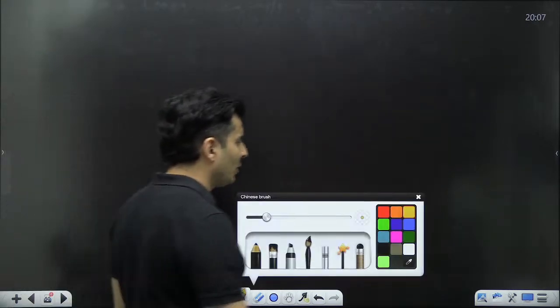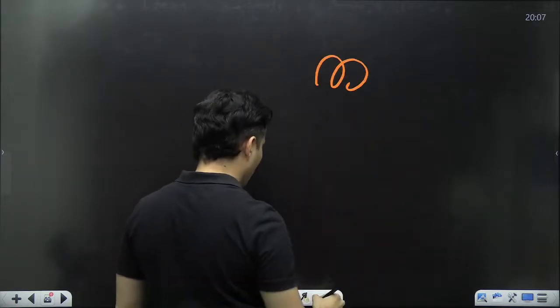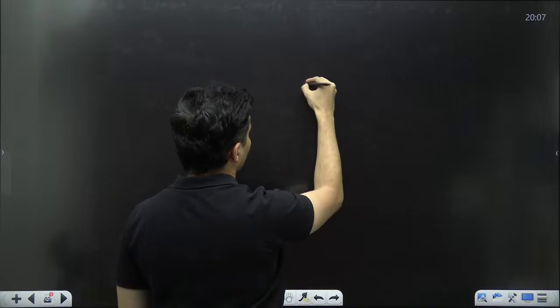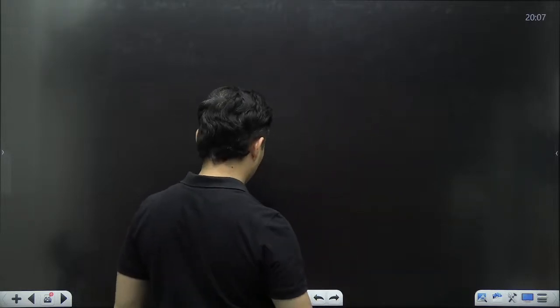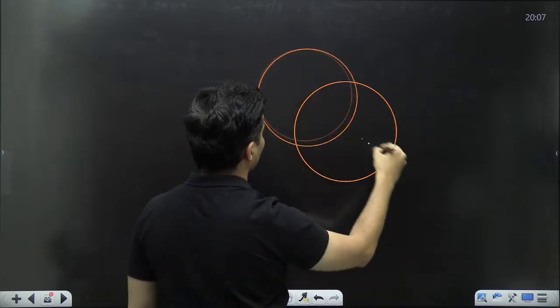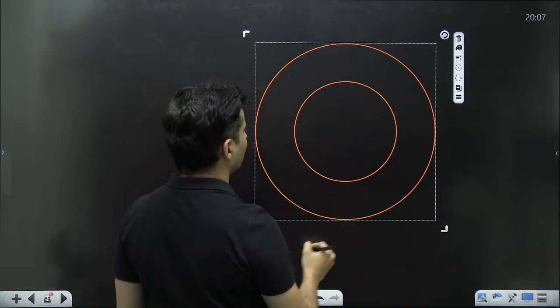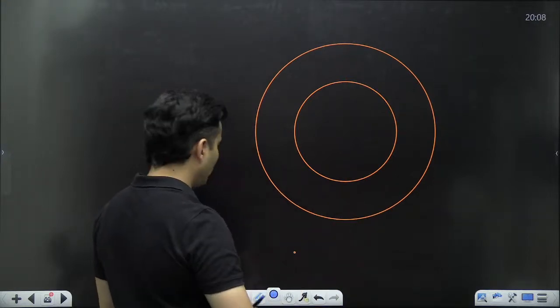Now we can also look at the toroid. Maybe I can just draw 2 circles first. Okay, so this is your toroid.